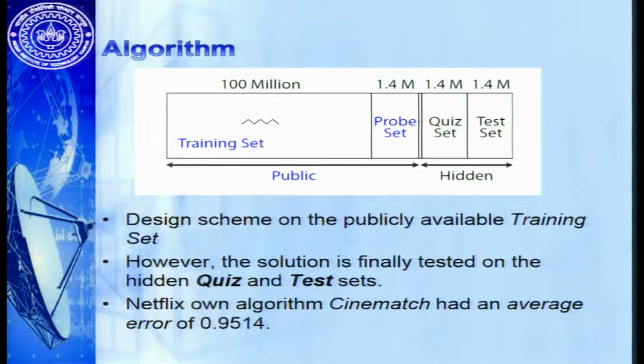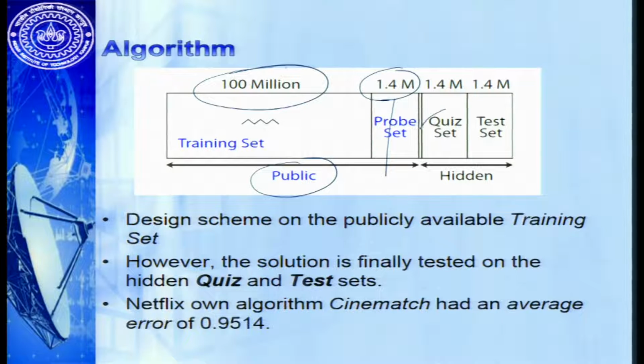The way the contest was organized was very simple. You have a training set of 100 million ratings that were made available to the public, and there is a probe set, which the users can test on, because one has to eventually test the performance of the algorithm being proposed. There is also a final quiz set and a test set, and these are hidden.